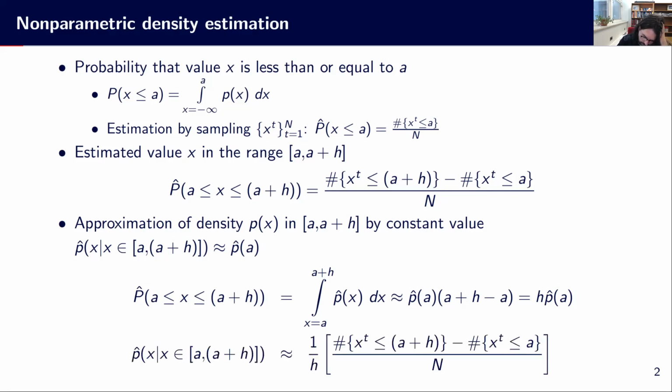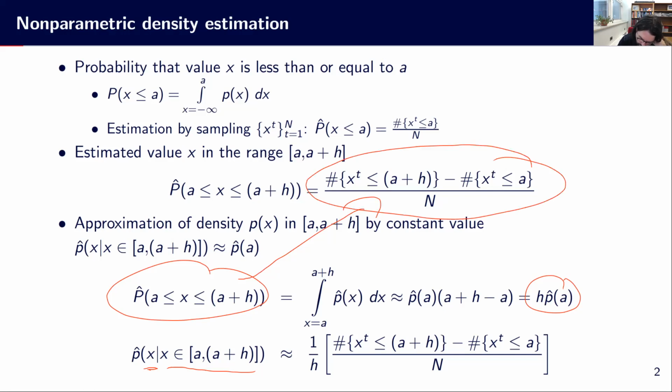All right. So from that, we are able to state that our density estimated at point x, assuming that x is in that interval, corresponds to 1 over h times the probability, because we are using this equal to that.